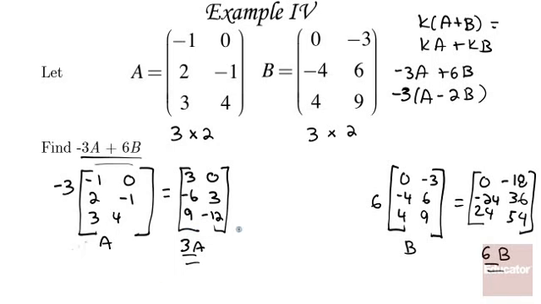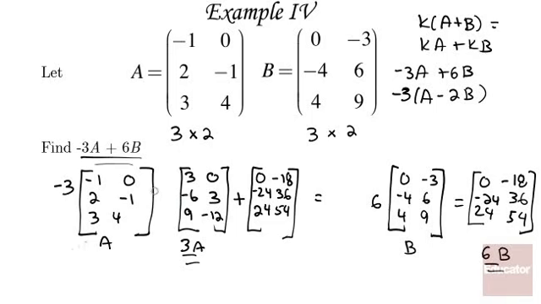So let me go ahead and copy 6B right over here so I can add it: 0, negative 18, negative 24, 36, 24, and 54.